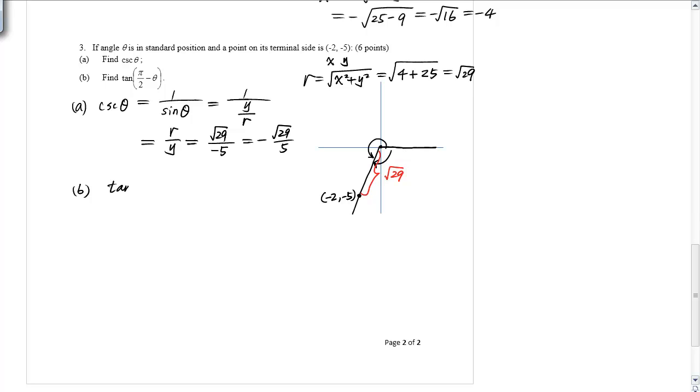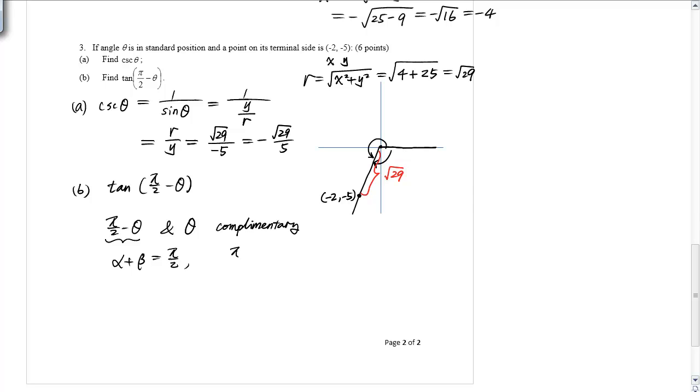For B, find tangent of half a pi minus theta. Now, you need to understand that half a pi minus theta, this angle right here, and angle theta are complementary angles. Why? Because remember, complementary angle says that if alpha plus beta equals half a pi, they are complementary angles.